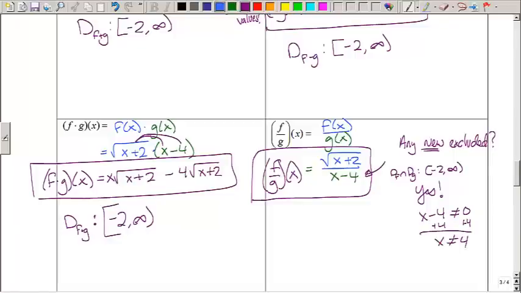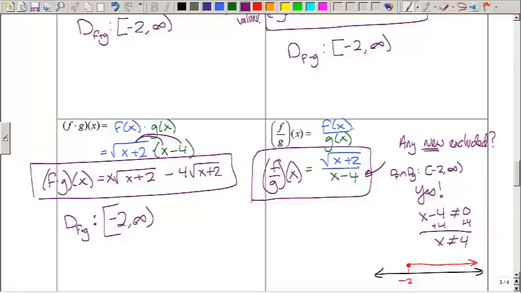Well, we already talked about we have a domain restriction from my original f and my original g being from negative 2 until infinity. But now in this purple new combined function, we're saying, well, we have a new problem where we didn't have before. When g of x was all by itself, we didn't have a problem with x minus 4 being in a numerator.